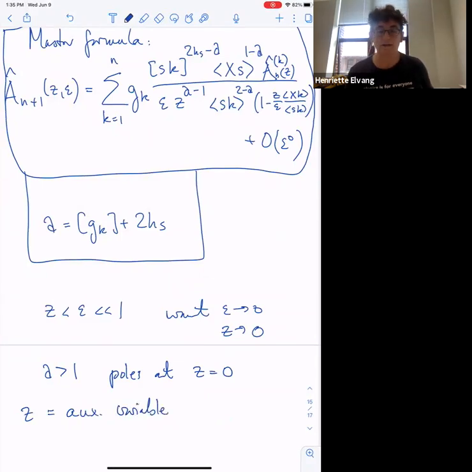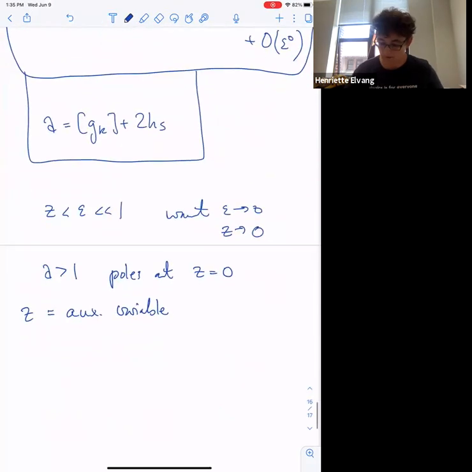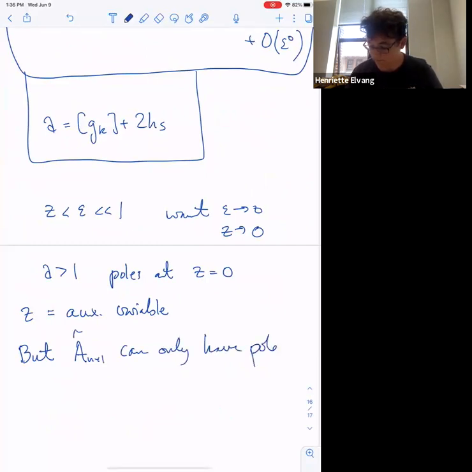And we know that our amplitudes are only allowed to have poles where physical particles can be exchanged. In particular, it is certainly not allowed to have any kind of poles in some random variable c.